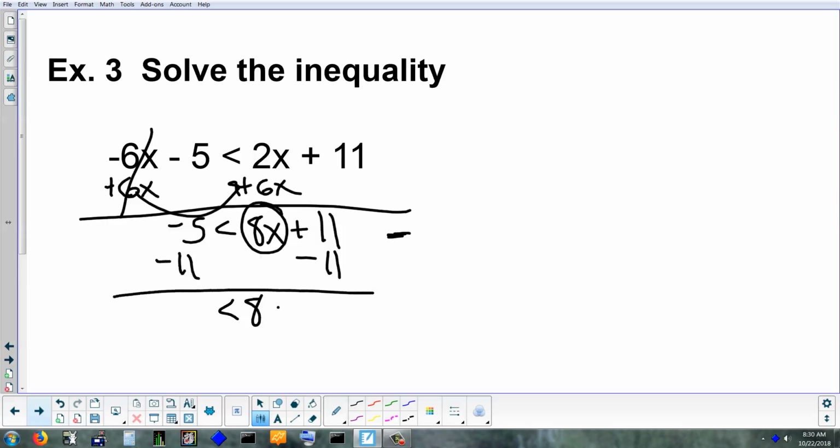My sign, my 8x. On that other side where I just moved the 11, what am I going to get, McGill? I got negative 5 and negative 11. Negative 16, right? They're both negative. Keep the sign, combine the numbers. 16. Just like if it was 5 plus 11, 16. Keep the sign positive.